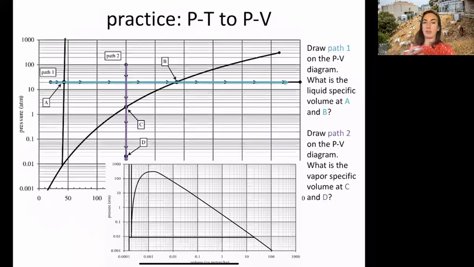I'm going to be grading it for, can I tell from what you wrote that you watched this video? So anything along the lines of translate paths from PT diagram to PV diagram. Like, there was a blue line and a purple line. Just write like one sentence that shows me that you heard me talking about this practice problem. No need to demonstrate any sort of knowledge, just that you watched this video.